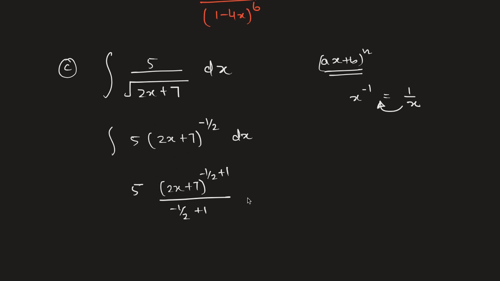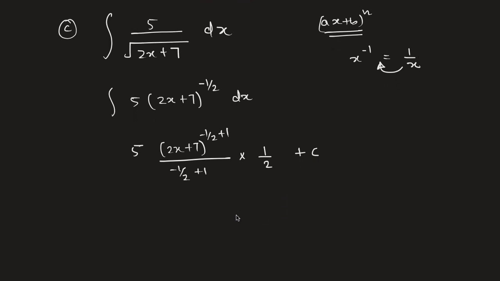What we'll get over here is 2. Now instead of multiplying, I will divide by 2, plus c. Now let's simplify this part. This would be 5 (2x plus 7) to the power half, divided by half, that is 1 by 2, plus c.